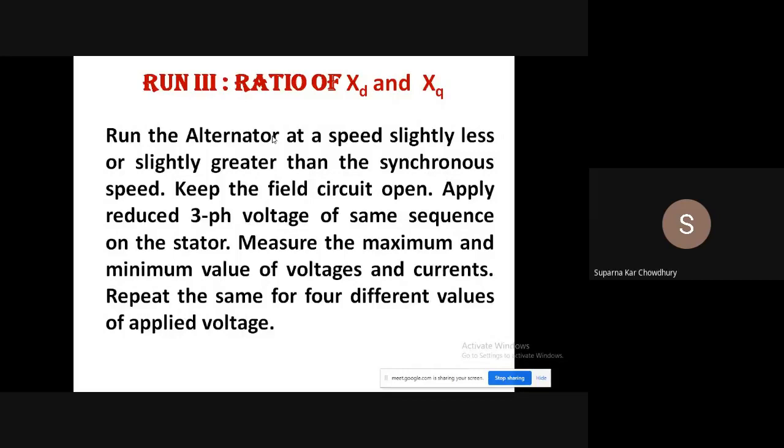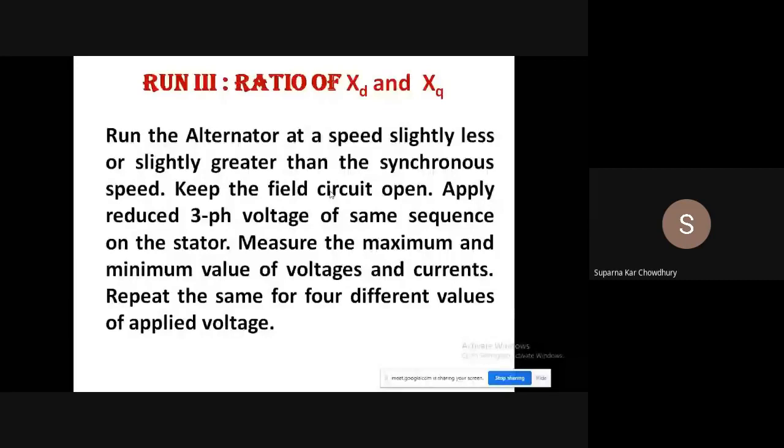But what happens? The inertia of the moving system introduces some error. When we are reading it manually, there can be some error. Or if we take the oscillogram reading, when we are taking the values from the oscillogram, there can be some manual error. As the difference in the reading is very small, the error percentage will be large.